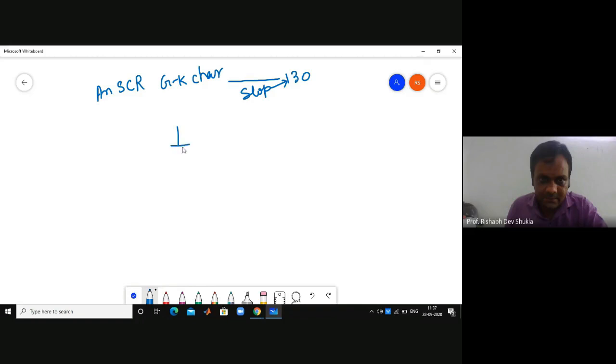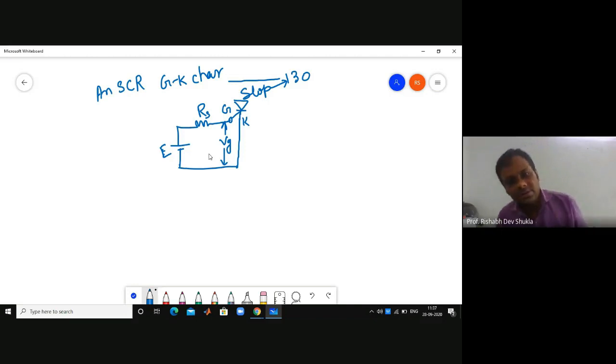This is your gate circuit actually. Neglecting the forward voltage drop in the gate to cathode circuit, what is your equation now?